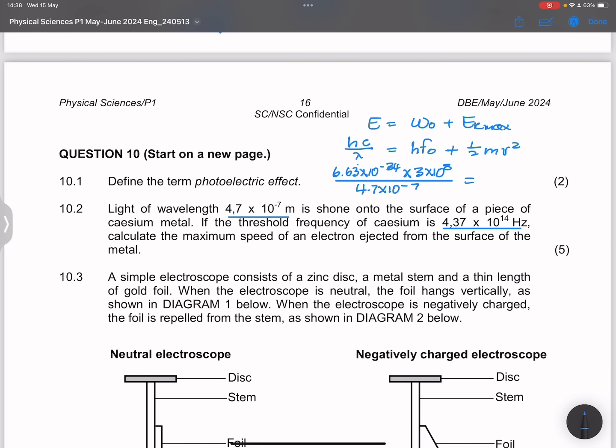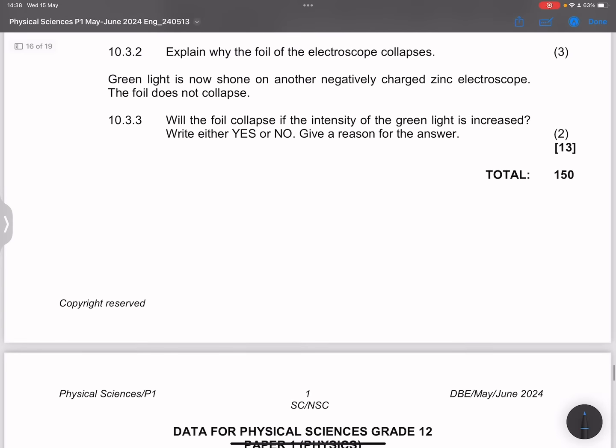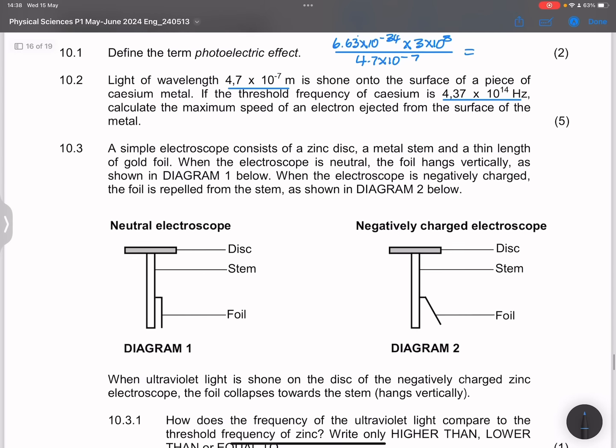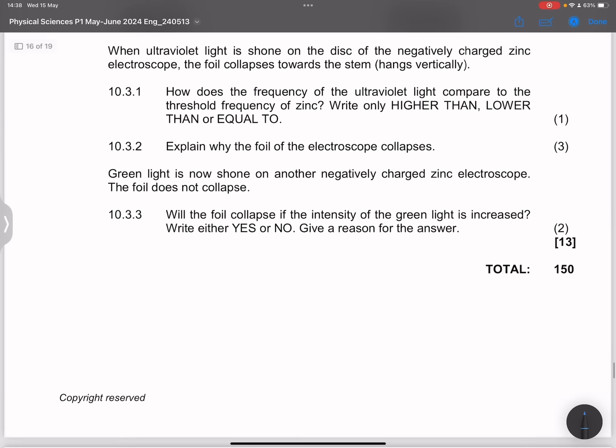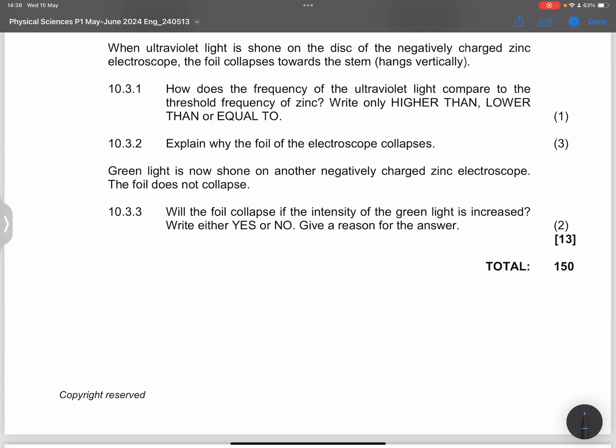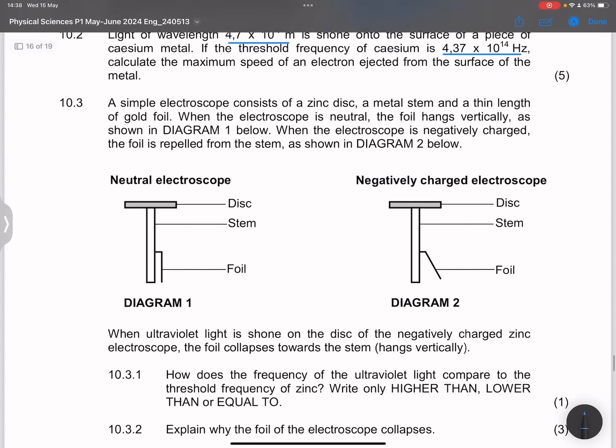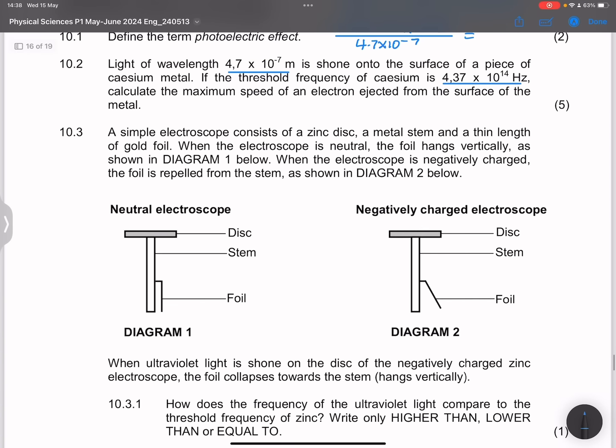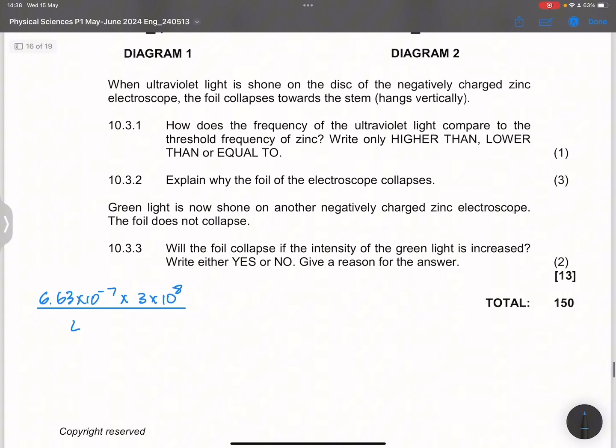And this is equal to, right, I'm sorry, I'm not going to be able to fit everything in there. Let's see if we've got space at the bottom. Actually, we could have used that space at the bottom there. If you don't mind, I'm just going to do that. Okay, so this would be 6.63 times 10 to the minus 34 multiplied by the speed of light, divided by, we said the wavelength was 4.7 times 10 to the minus 7.